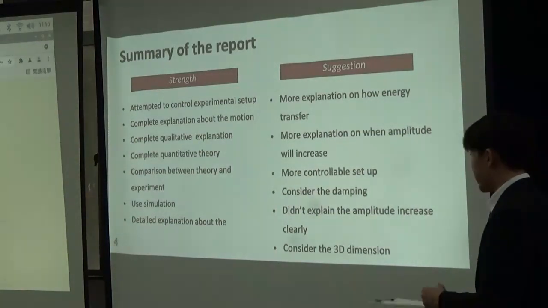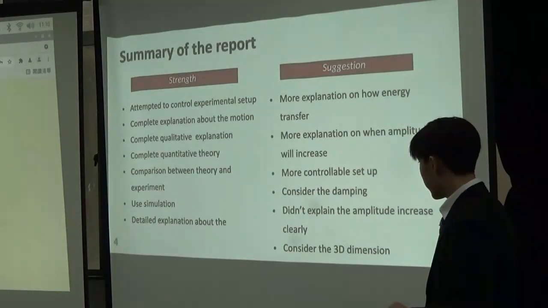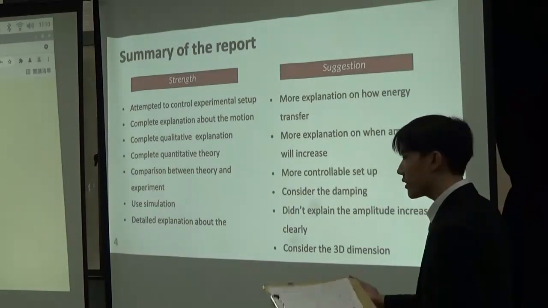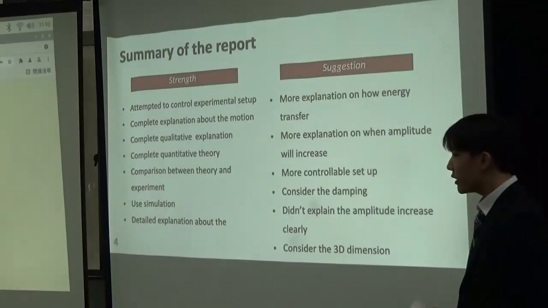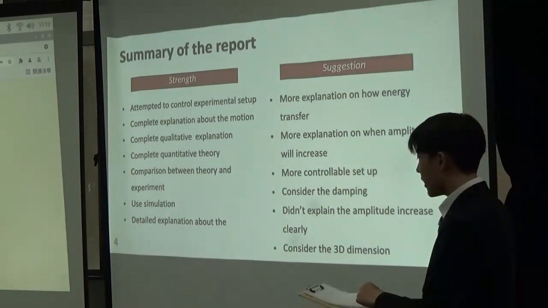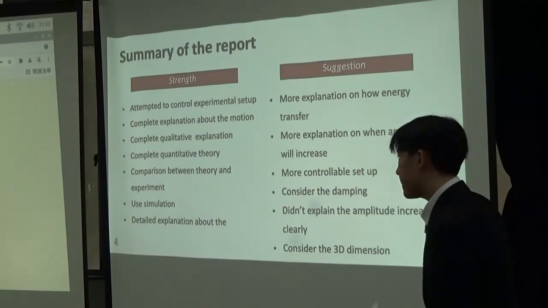And as for the setup, while they did manage to try to control how they shook their head, for example, they didn't mention how they managed to control the horizontal displacement of their head, which I think will also affect the lateral performance. And also, as for the damping, they did consider that in their theory.